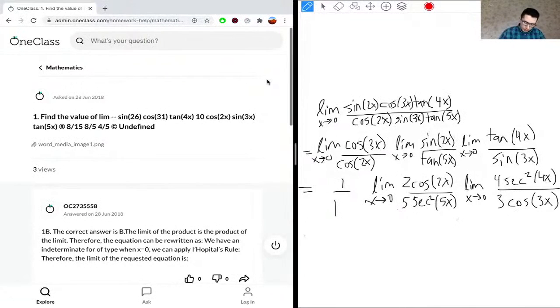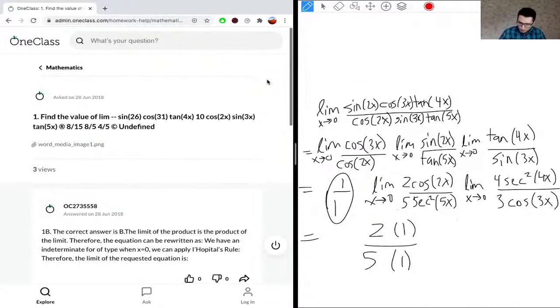So now when we evaluate, the first component is just 1, and then the second component, 2 times cos 0, which is just 1, over 5 times secant squared 0. We know that secant is just the reciprocal of cos. So this will also give us 1.